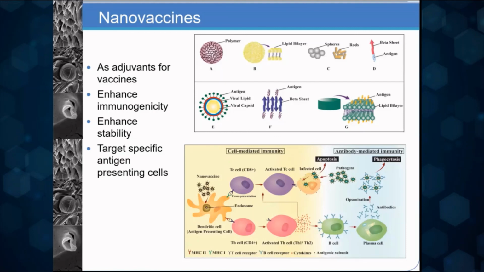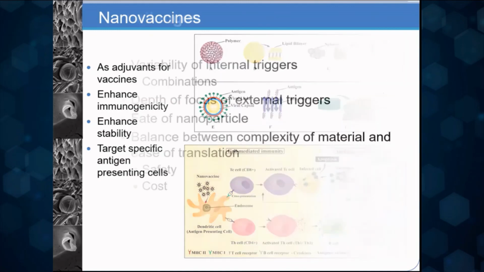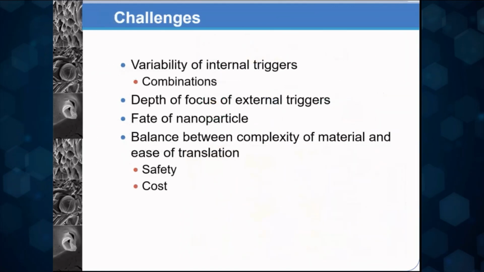The properties here are essentially: one, stabilizing the vaccine candidate, and two, having a target specificity to certain types of cells like the antigen presenting cells, and also enhancing the immunogenicity by acting as adjuvants. So various opportunities exist.